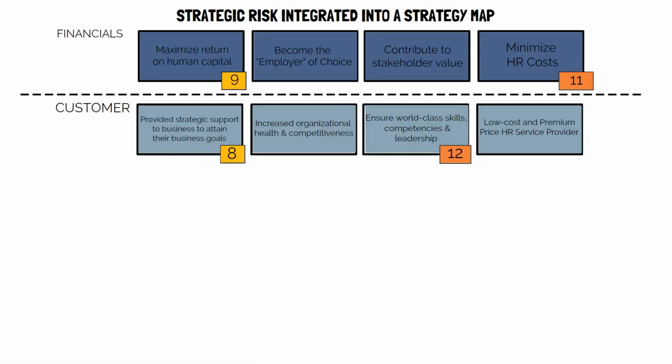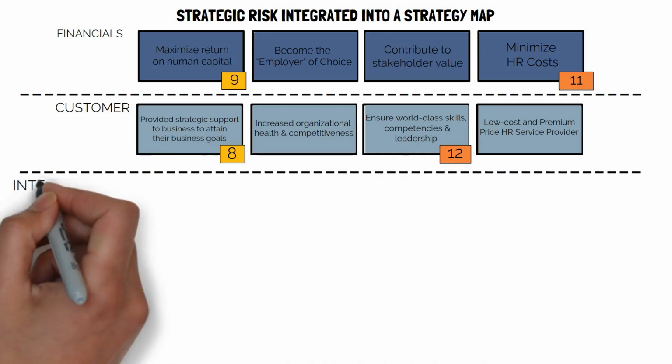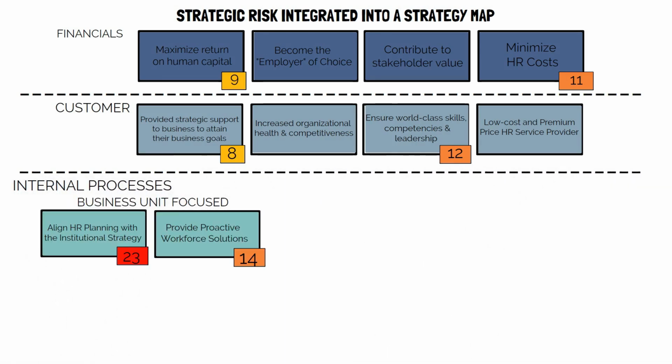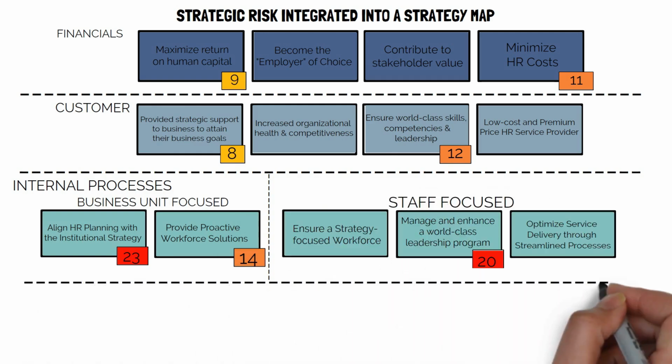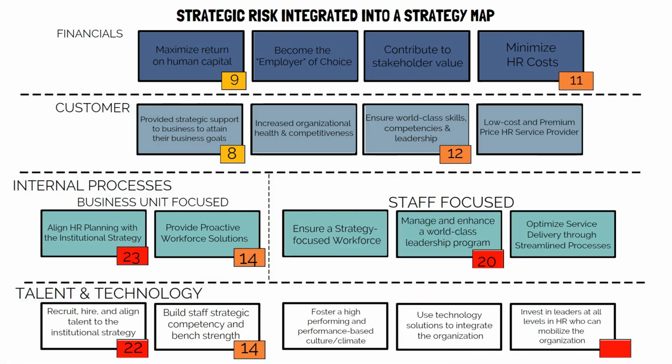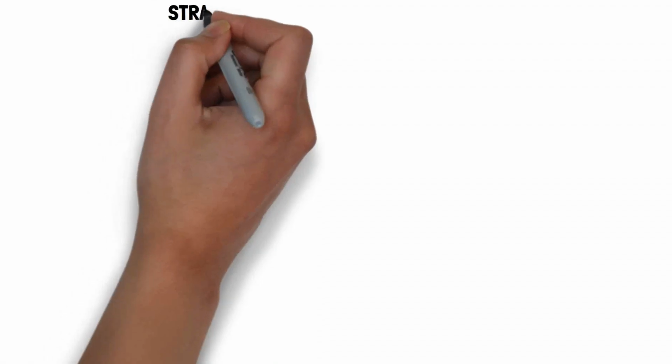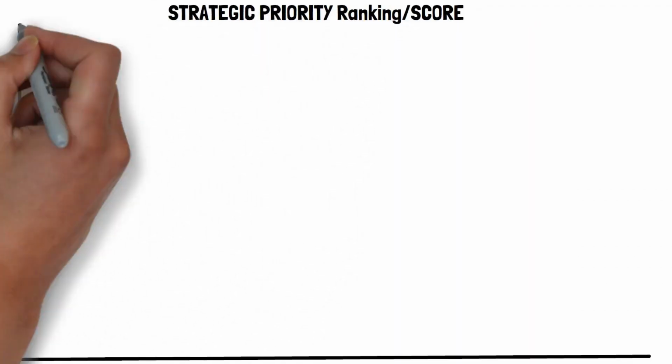Here I am placing color gradient risk scores on the strategy map to give you an overview of how risk is aligned with the strategy map. Wherever you place a risk score on the strategy map, you must build out a contingency plan for each priority to mitigate the risk.